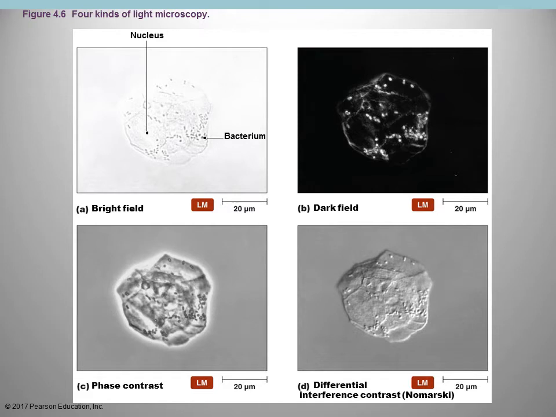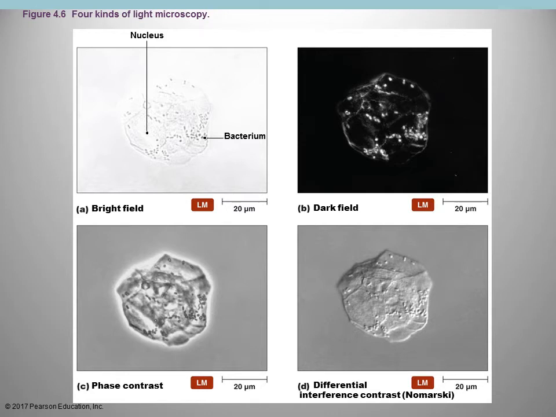In this picture, the photo in the upper left, A, is just using bright field. There's been a staining process, so it's kind of difficult to see. You can see the nucleus of the eukaryotic cell and then the smaller bacteria that are there. You take a similar cell and use dark field.